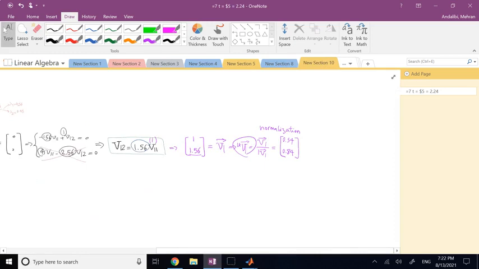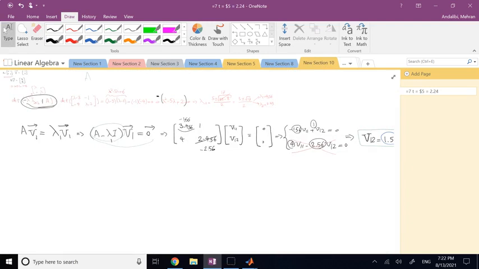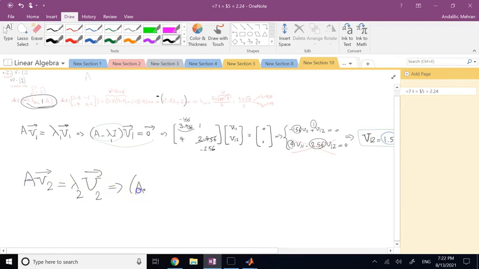So we got V1. Now we do a very similar approach for V2. So again, we say A times V2 is equal to lambda 2 times V2. If I plug in lambda 2, the result should be V2. And that again means A minus lambda 2 I times V2 is equal to vector 0.